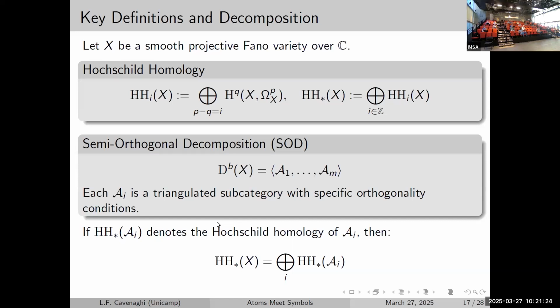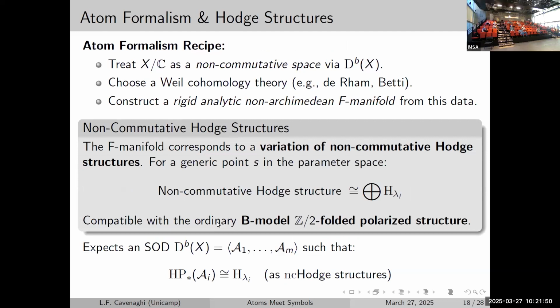So what you want to understand is that you treat your space, your smooth projective variety, as a non-commutative space by choosing some category, and then there should be some similar orthogonal decomposition, for instance, for the derived category of coherent sheaves, such that the Hodge homologies of the elements there should be your atoms. This is what I say here.